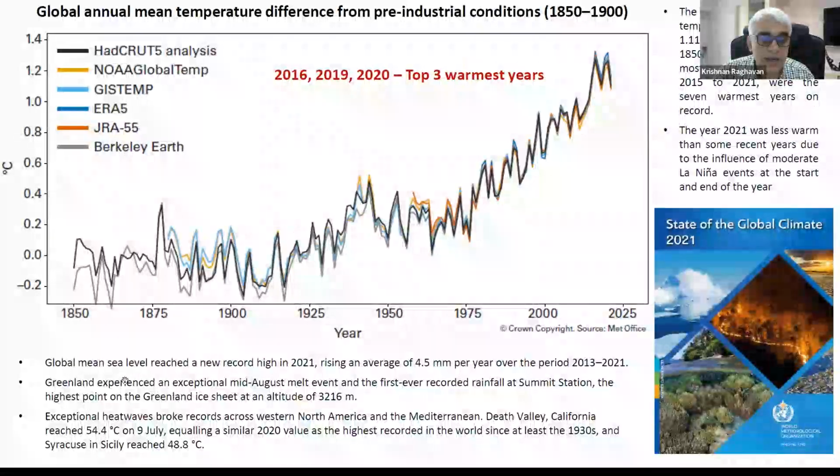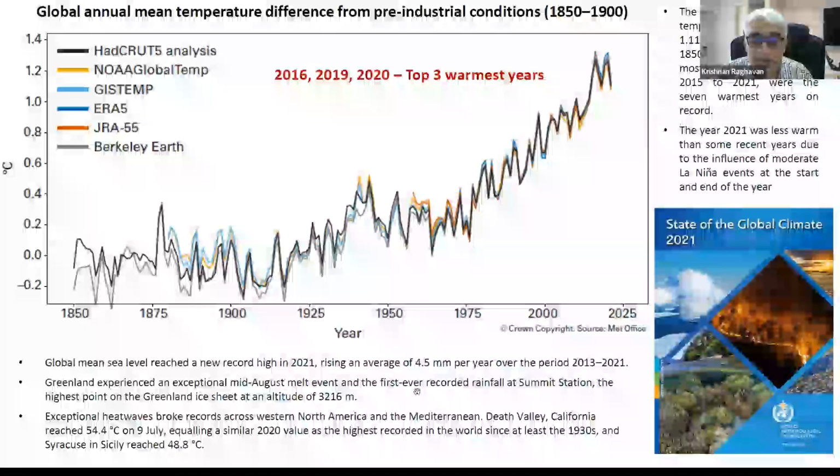And the global mean sea level reached a new record in 2021, rising an average of 4.5 millimeters per year over the period 2013 to 2021. And we are seeing very exceptional melt in Greenland during mid-August 2021.